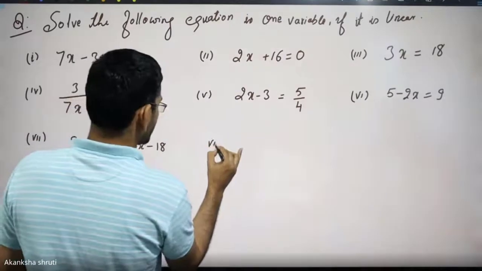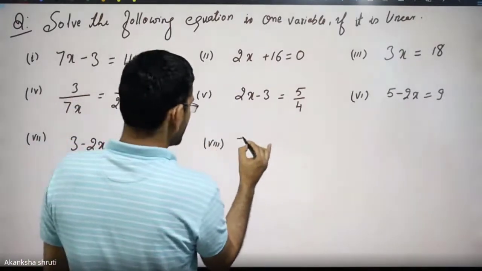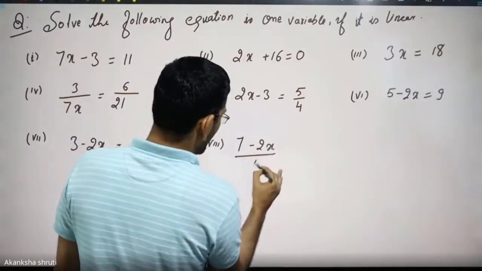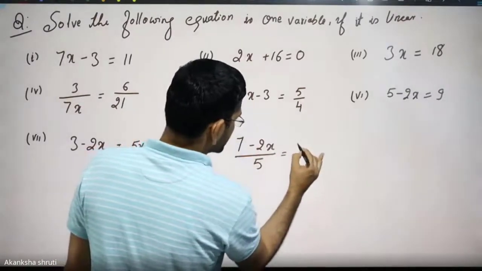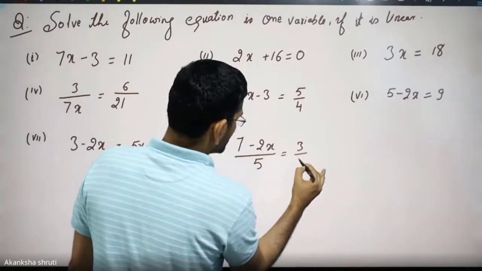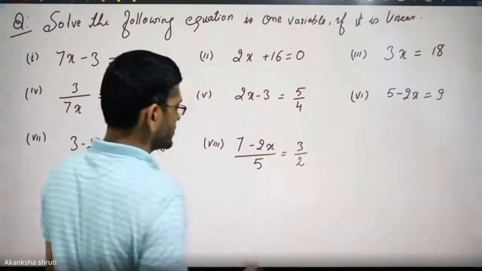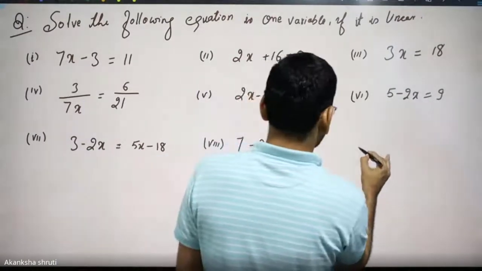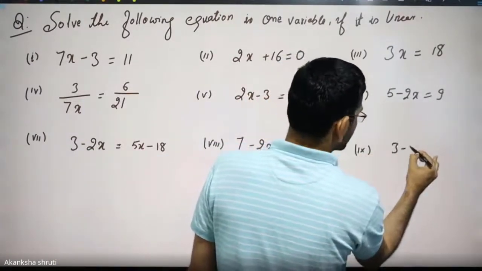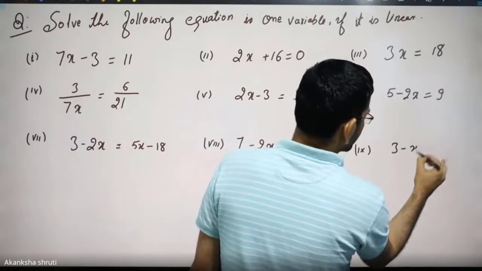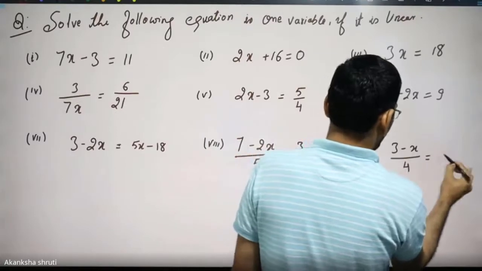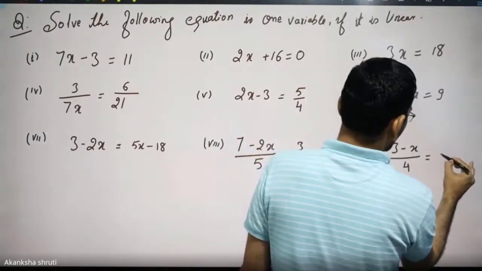Take the eighth one, 7 minus 2x by 5 is equal to 3 by 2. The next one, 3 minus x by 4 is equal to 3.